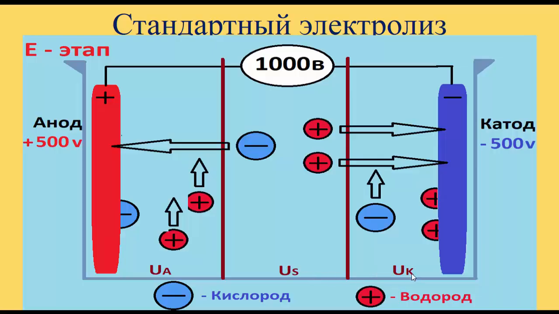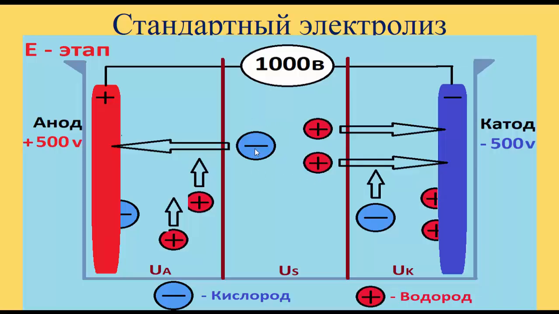That is, UK is the volume near the cathode. Where is the volume near the anode? They are in the middle, as I say, they are equal. So we're looking at stage E. Stage E is when we have a rupture. We see in the picture that a water molecule in the middle zone has ruptured.